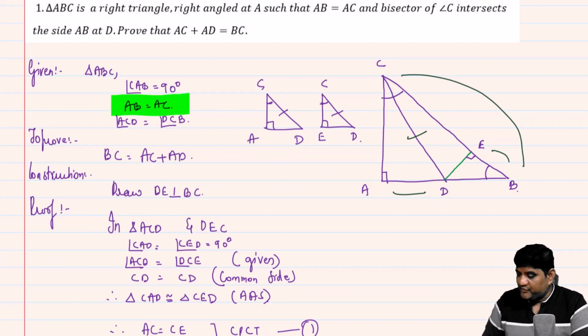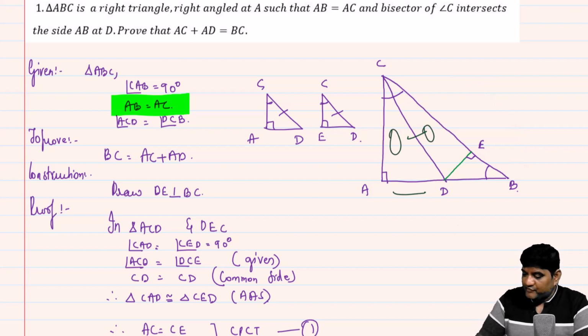What did we do? We proved congruency between these two triangles, and after proving congruency, we went ahead and confirmed that AC is equal to BE, AD is equal to DE, and then we said, you know what, this is an isosceles triangle, correct?